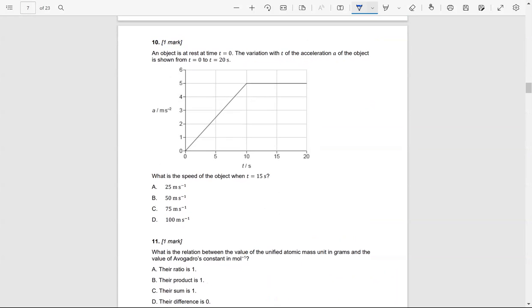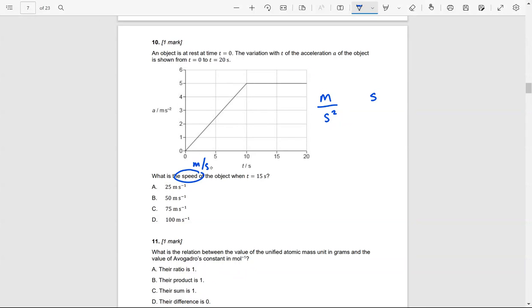And then question 10, we've got an acceleration time graph. So what we actually have is meters per second squared on the y-axis, and seconds on the x-axis. If we're trying to find the speed, that is meters per second.